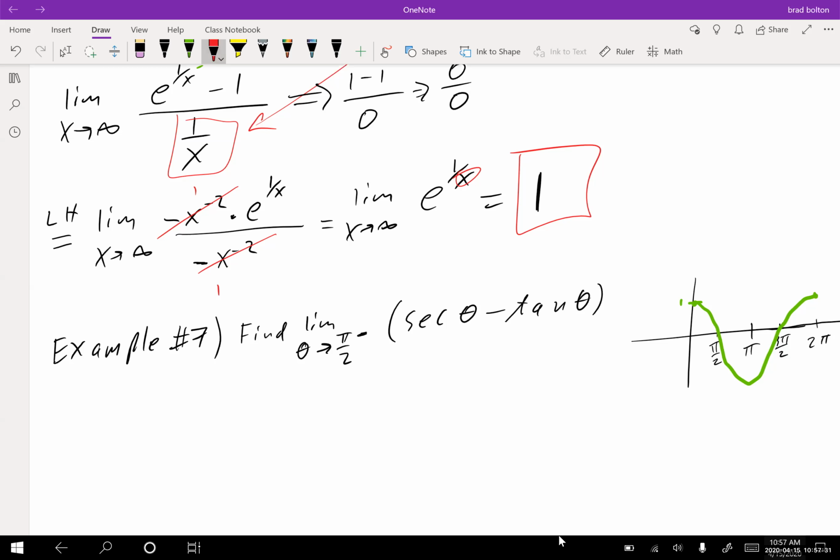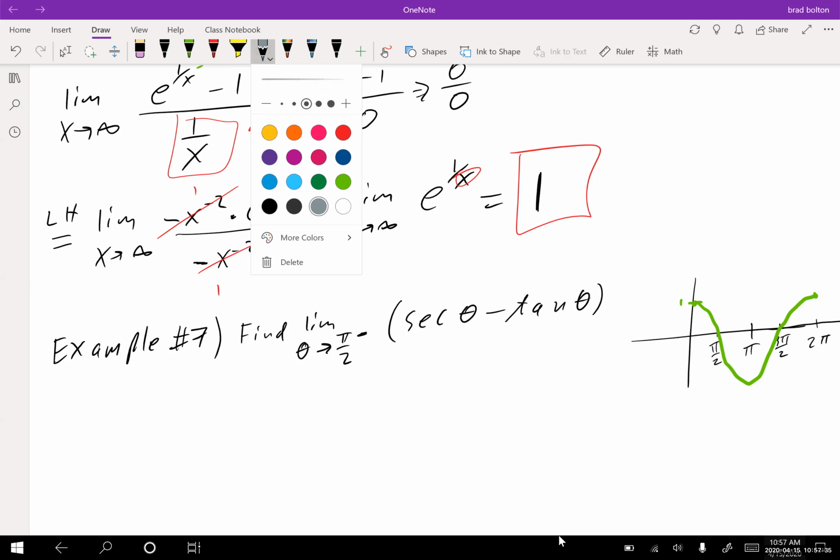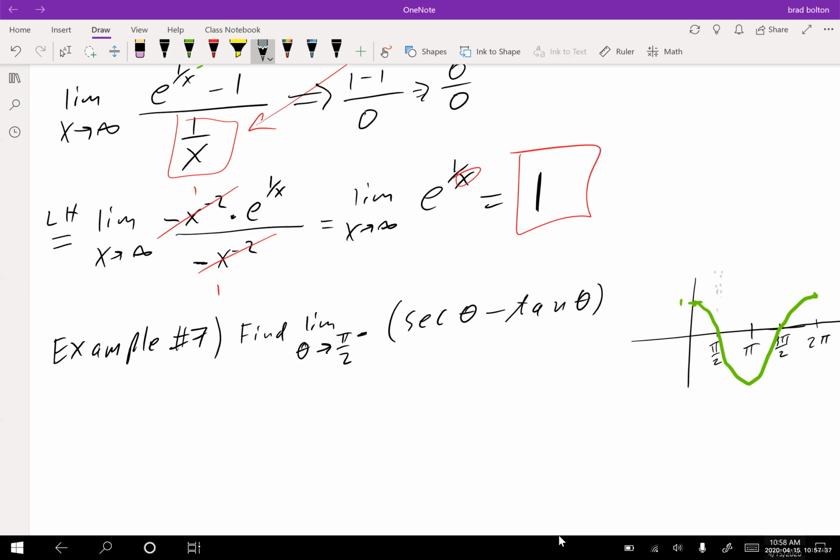But then we know that everywhere there were x-intercepts, those are going to be asymptotes for the secant function. So that means right here we got this, and right here we got this, right? And then right here we have this.